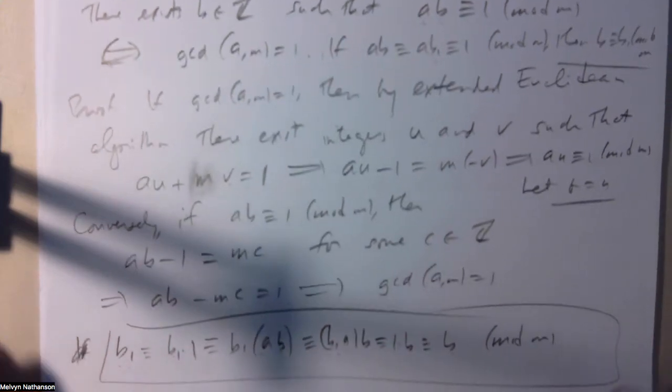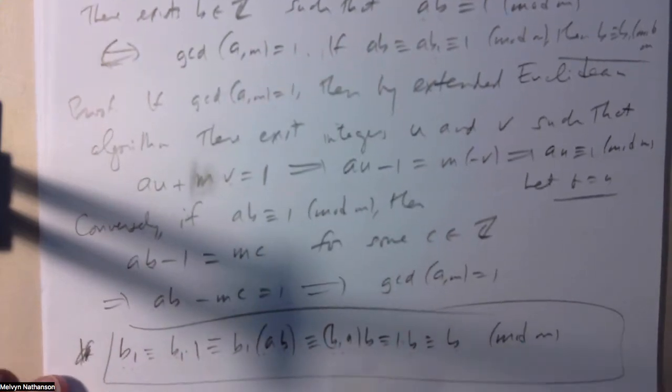So this is simply, if you like, a one-line proof, but each step requires several sentences of explanation. And this is because you can multiply any integer by 1 and it's the same integer. If AB is congruent to 1 mod M, then B1 times 1 is congruent to B1 times AB mod M. That's the multiplicativity of congruences.